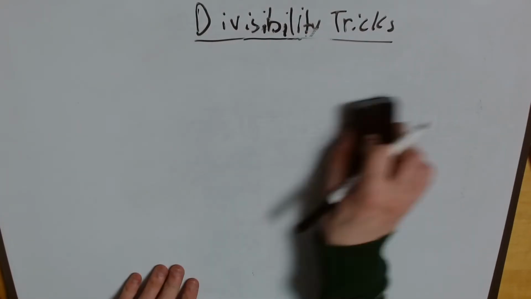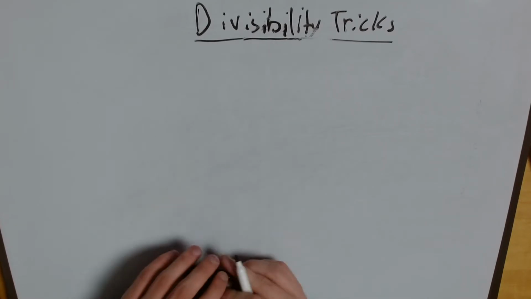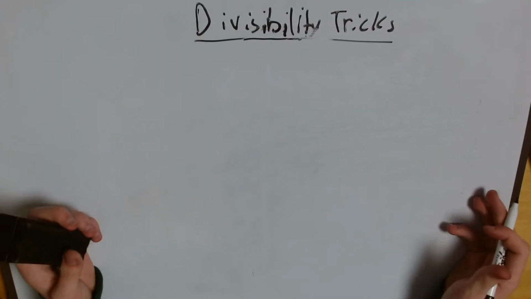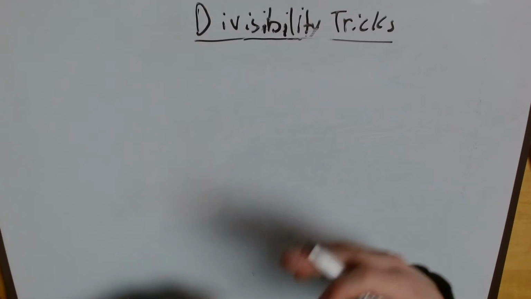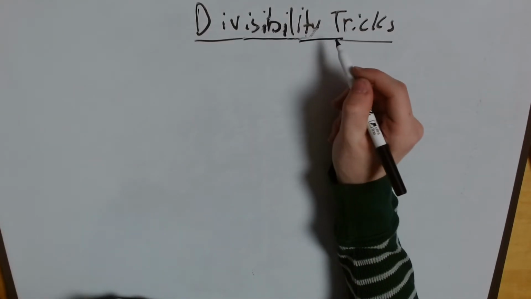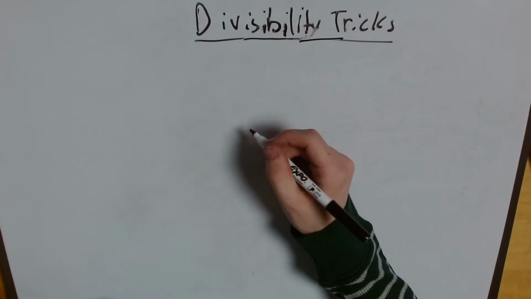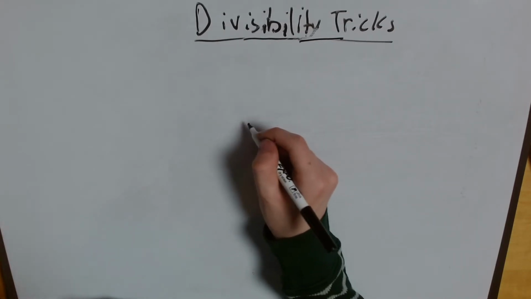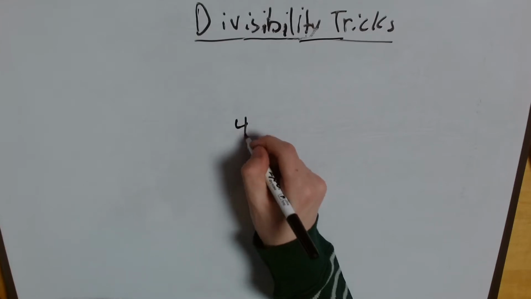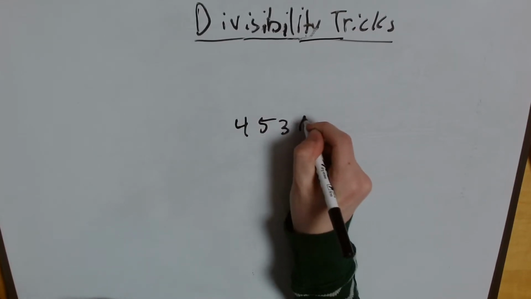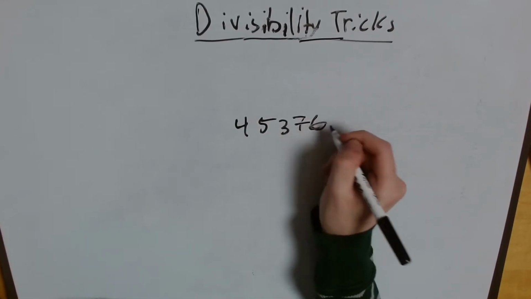And of course, we can repeat the process for 8, except this time 8 isn't divisible by 100, so the next and nearest power of 10 would be 1000. 8 divides 1000. And we repeat the same process. I can just do 4, 5, 3, 6, 7, 6, right?